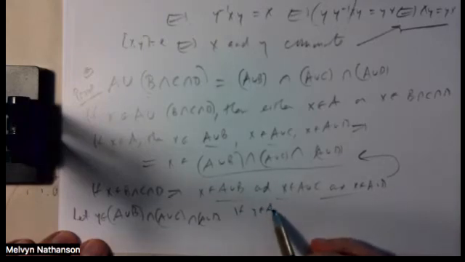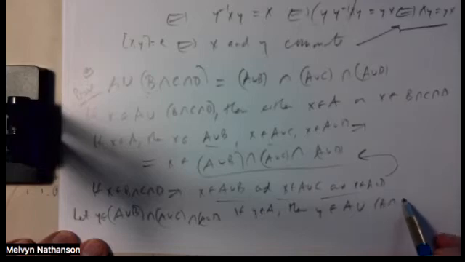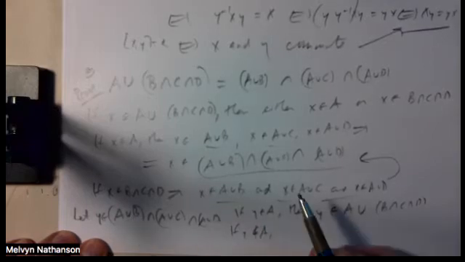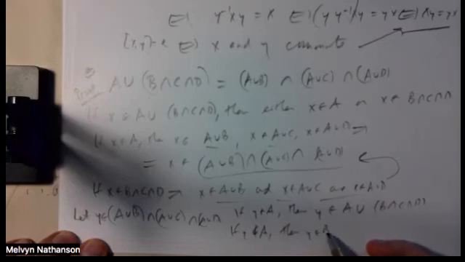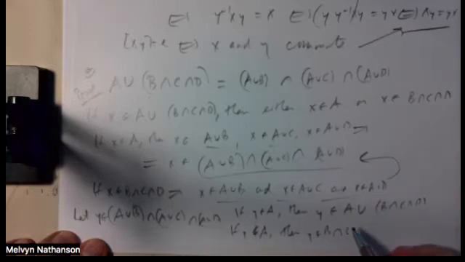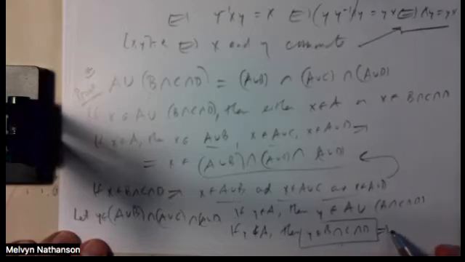If Y is in A, then Y is certainly in A union something bigger, B intersect C intersect D. And if Y is not in A, but it's in A union B, then Y is in B. And if it's not in A, but in A union C, then it's in C. And if it's in A union D, but not in A, then it's in D. So Y is in B intersect C intersect D. So it's certainly in A union (B intersect C intersect D).